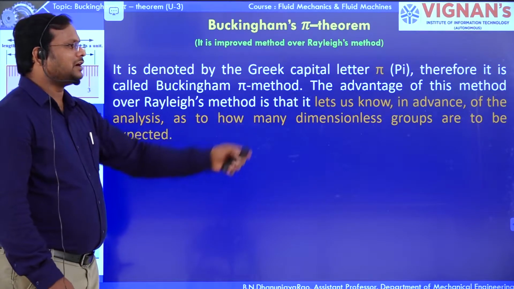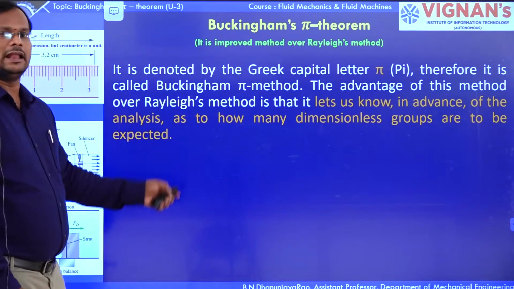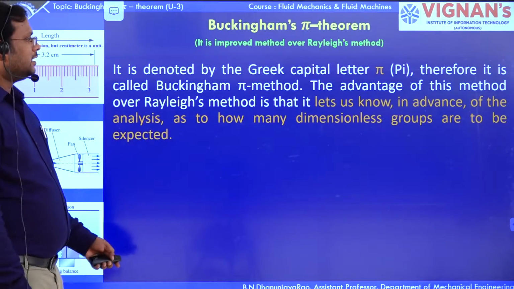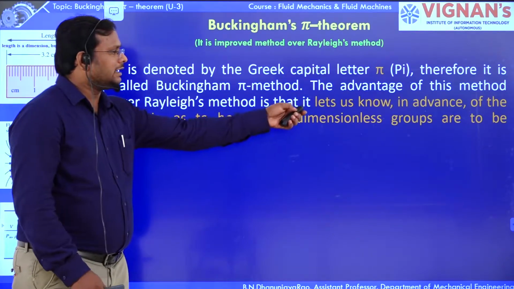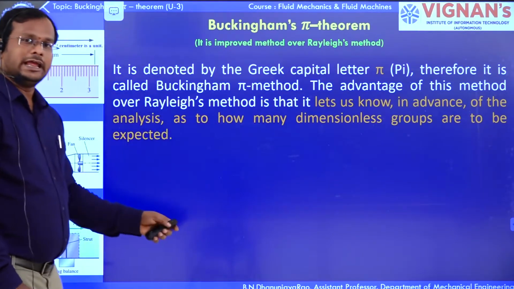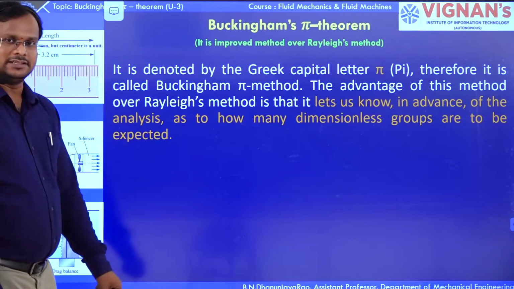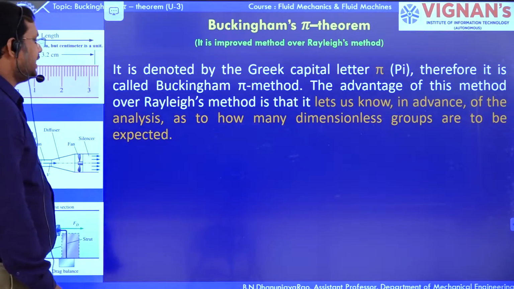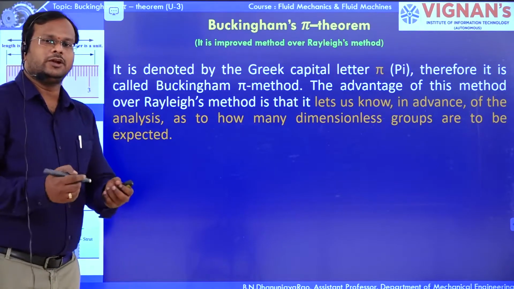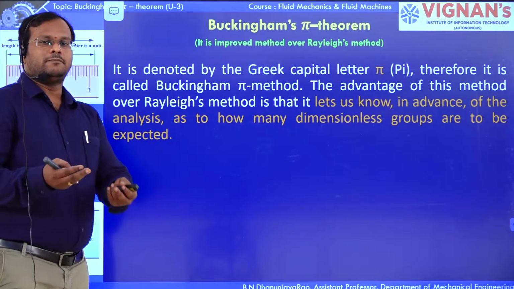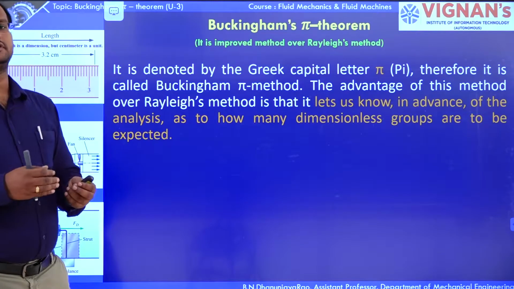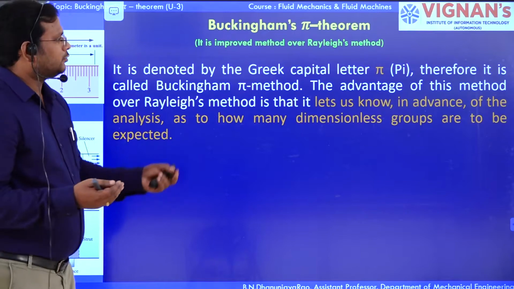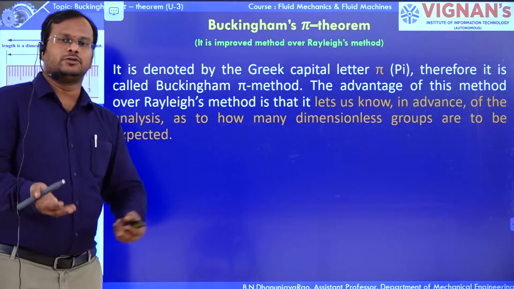The main advantage of this method over Rayleigh's method is that it lets us know in advance of the analysis how many dimensionless groups are to be expected. So we can know how many dimensionless numbers are important to this analysis, before the analysis itself.